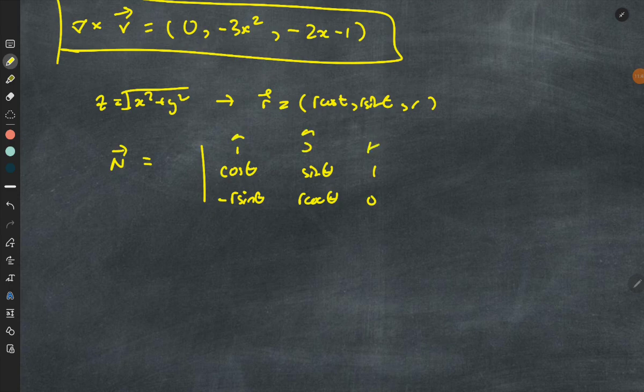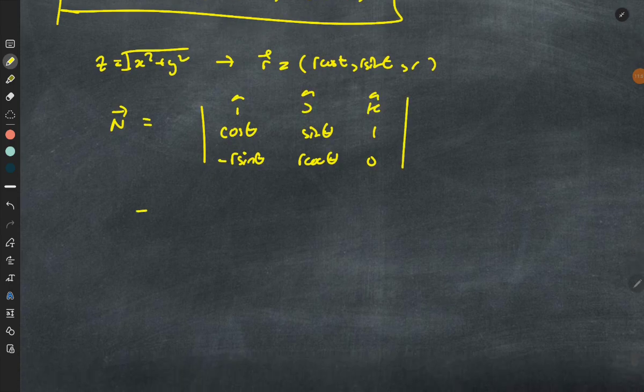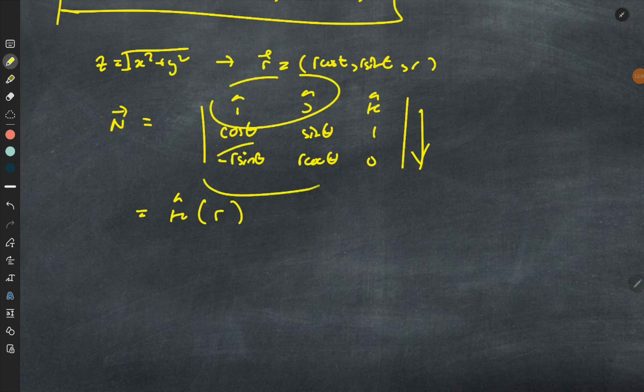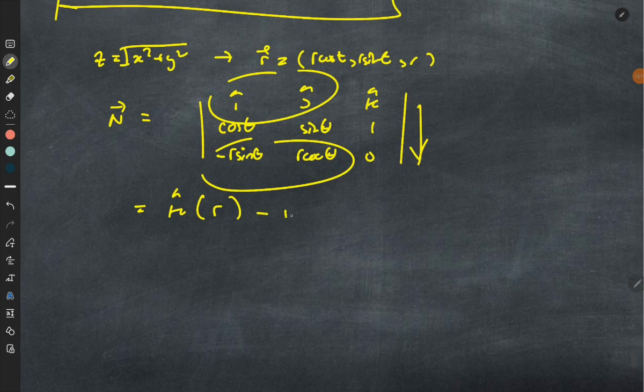It's gotta be a determinant. Okay, I'm gonna go along that way this time. So it's gonna be k hat, r. I'm gonna evaluate the determinant that way. So that's the minor for k hat. That's the minor for 1.